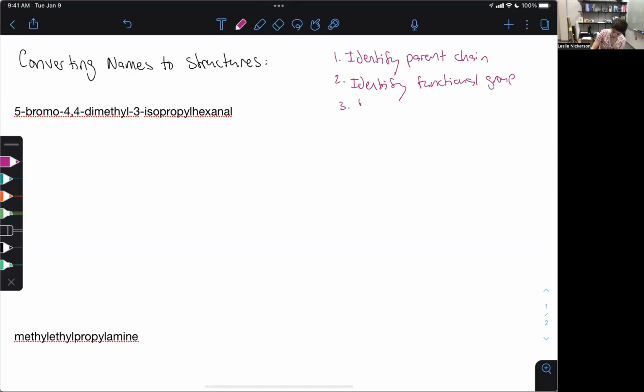We're going to draw the chain and number it, and then add the substituents that are listed in the name.